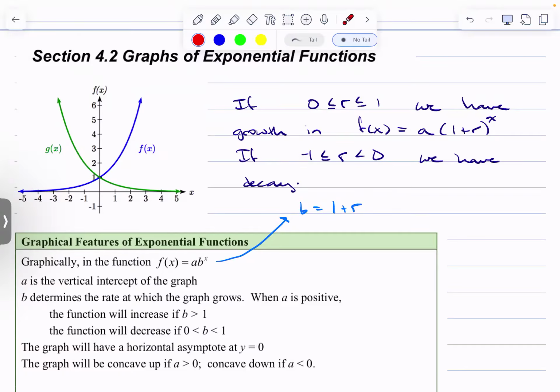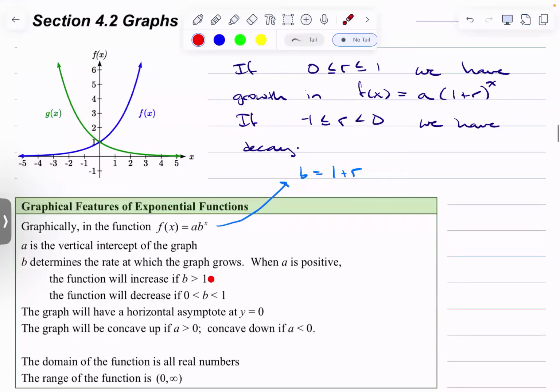And so what we say is that if b is greater than 1, then it's going to be increasing, just because the r is between 0 and 1, a positive rate.